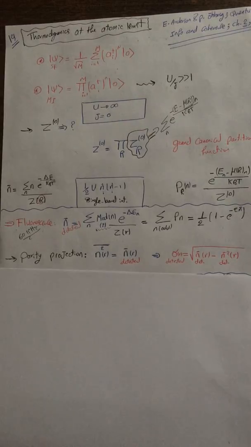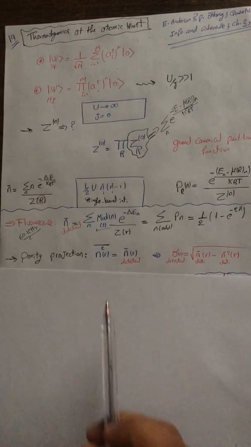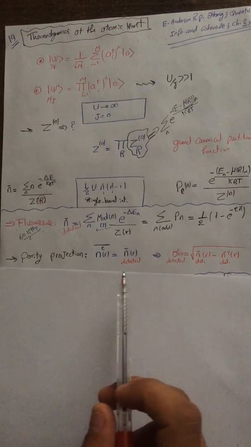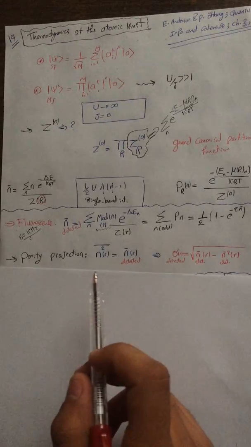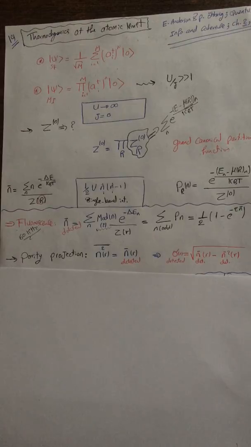The parity projection is what's intriguing for this kind of experiment, because due to the parity projection you can get the average number for the detected density, which is nothing else than the square of the density for the occupation at R.